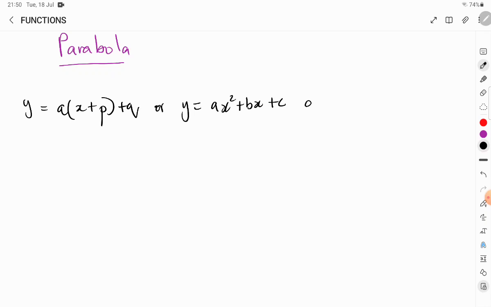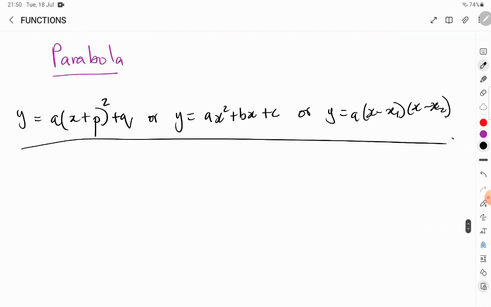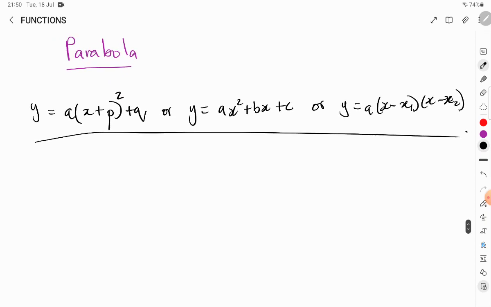So these are three ways you can actually write a parabola. The last one: y is equal to a(x − x1)(x − x2). So this is how a parabola can actually be written down.